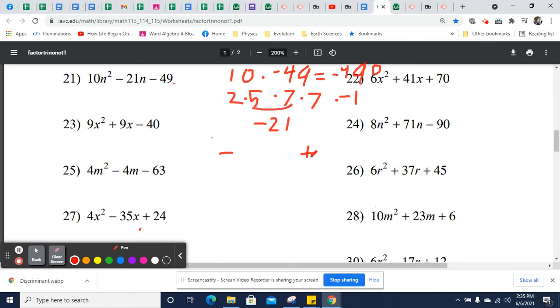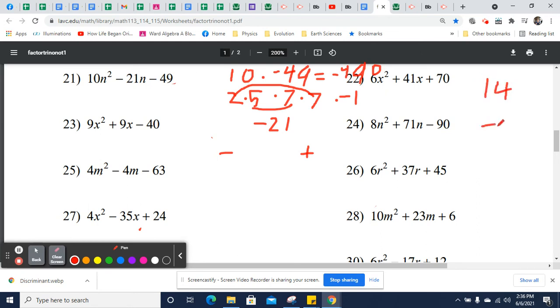Because I've got opposites, what I'm looking for is not two numbers that add up to -21, but two numbers that, once I have accounted for this negative, are 21 apart from each other. So 2 times 7 is 14.